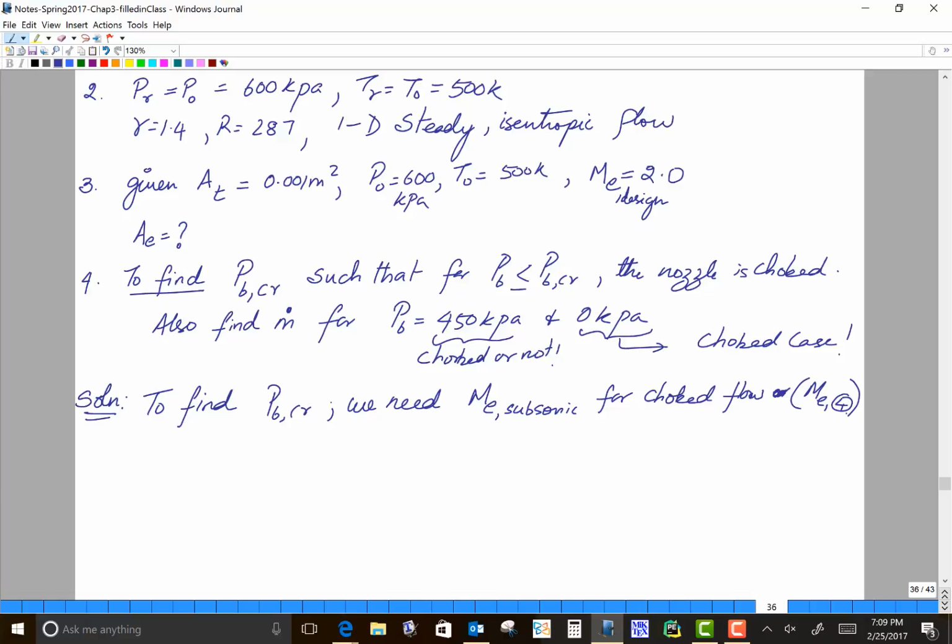Okay, and how do you get that, right? So all of you need to understand what a design Mach number is. Okay, when it says ME design is 2.0, the design Mach number is the Mach number at which the nozzle operates at full capacity.